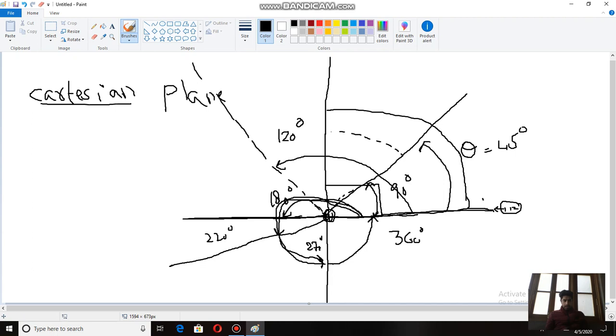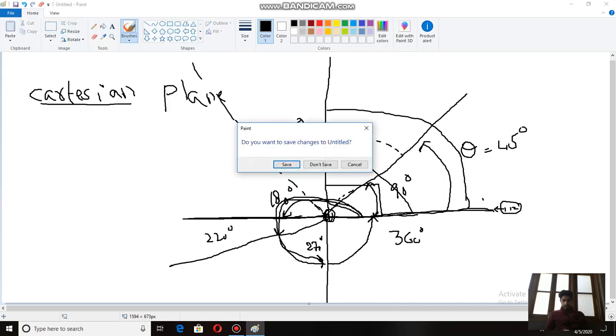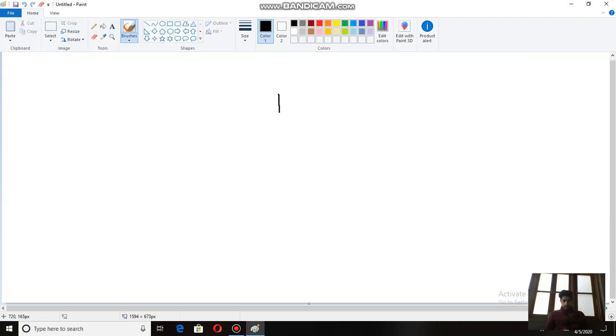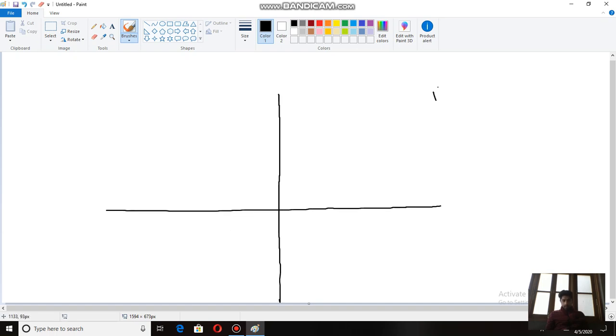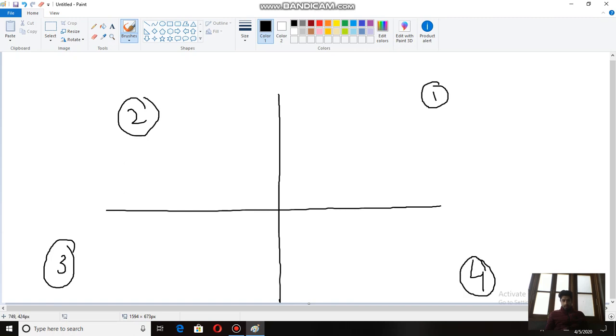So basically, let me make it in a new slide. We have divided this in 4 quadrants. Basically, this is first quadrant, second quadrant, third quadrant, and fourth quadrant. Starting from here, first this line was here, this much was angle, this angle was in first quadrant, and till here we can reach a maximum of 90 degrees.